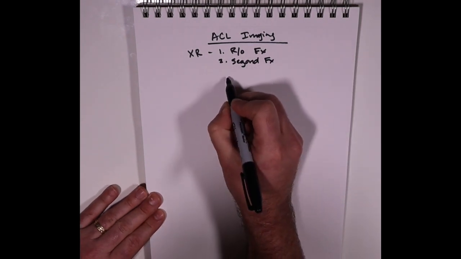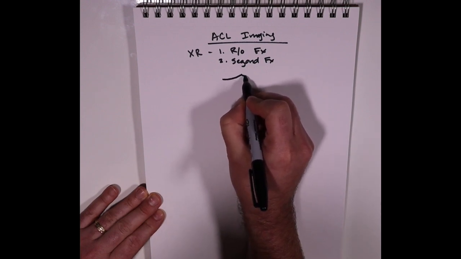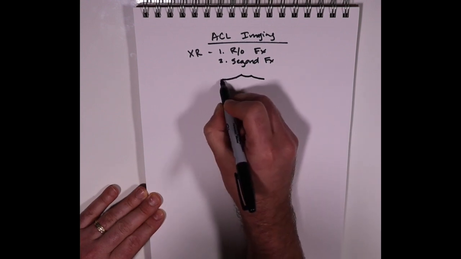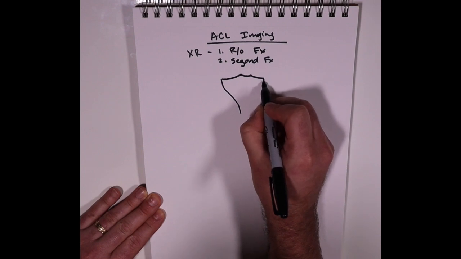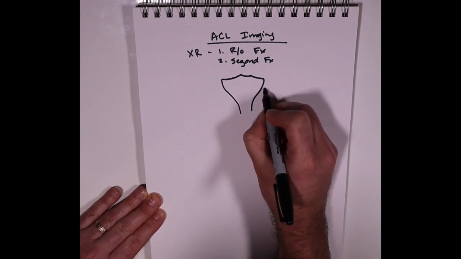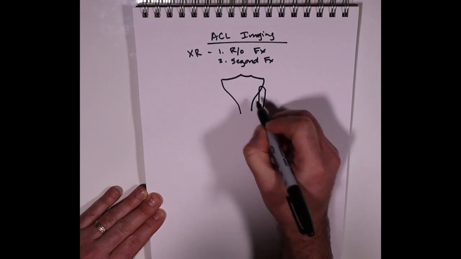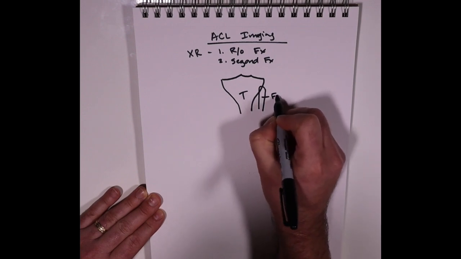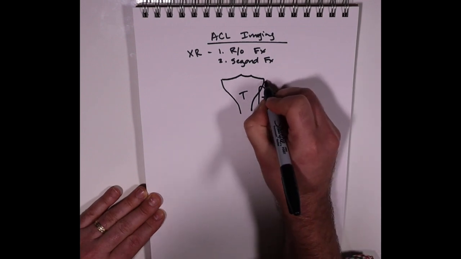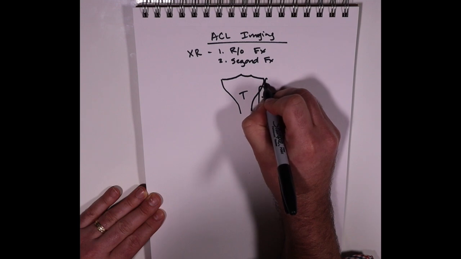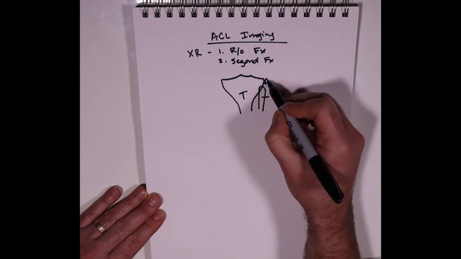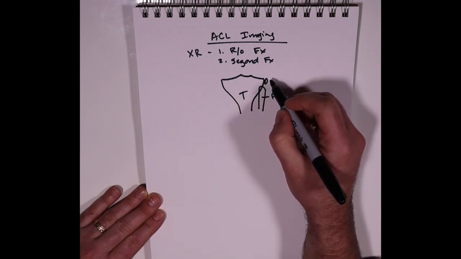Now, what a Segond fracture is, let's draw our tibia, fibula. So a Segond fracture is a small avulsion off of the lateral tibial condyle.